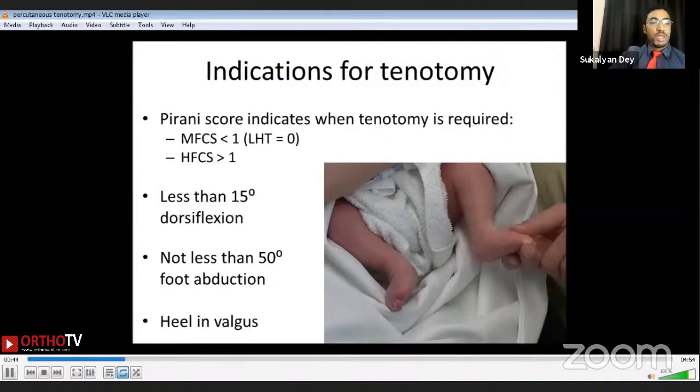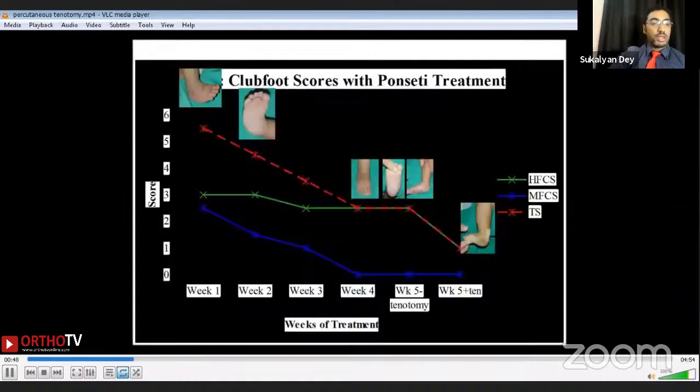In other words, when the cavus, varus, and adduction are corrected with the help of serial plasters and the total score comes to a halt, then the tenotomy is performed to bring the posterior hindfoot score down, which brings the total score down, and that's how the correction is achieved.